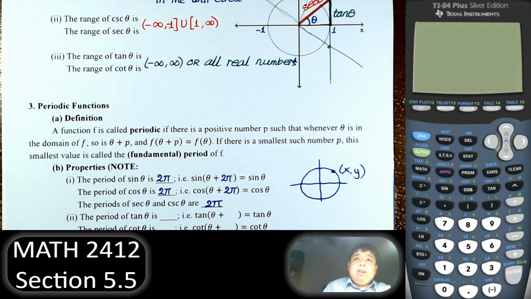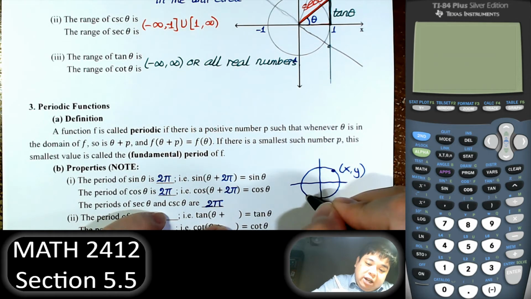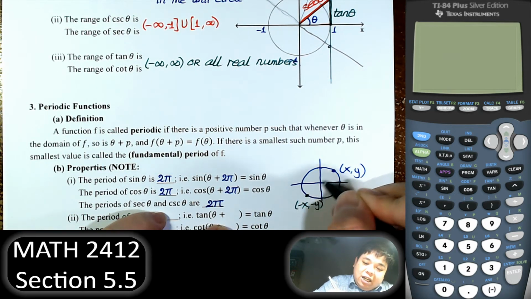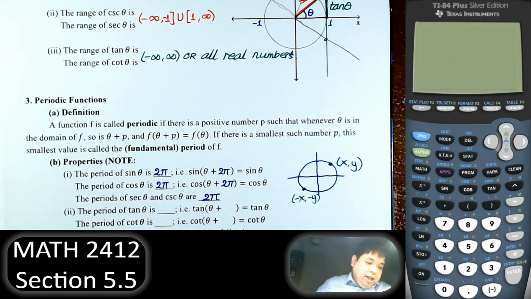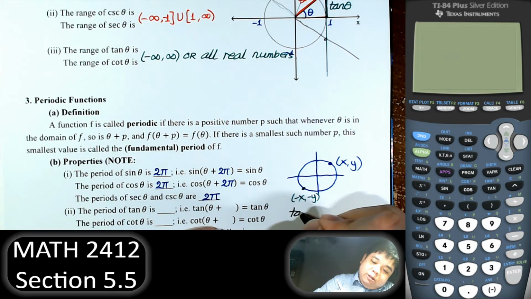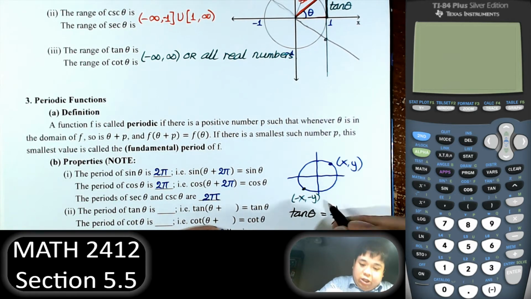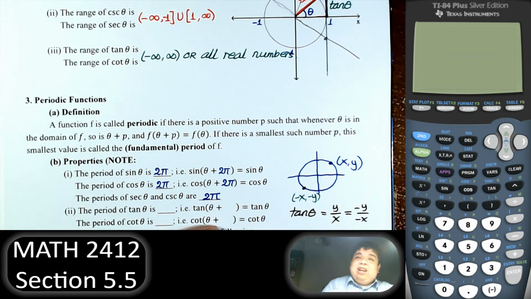Right. Tangent and cotangent will be different, because if we have the point x, y there and the point negative x, negative y there, these 2 points, tangent is equal to y over x, which is also equal to negative y over negative x. Negative, negative cancel out.